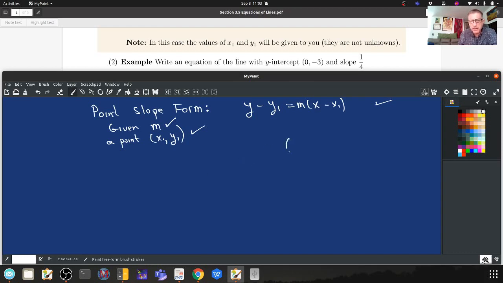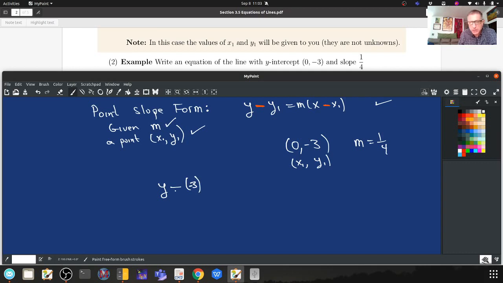We're given a point, 0, minus 3, and a slope, m is equal to 1/4. And they say, well, write an equation of the line. So this is my x1, this is my y1. So y minus y1. Remember, these two minuses here are inherent in the formula. So here, my y1 is minus 3, and it has to bring that minus 3 along with it.